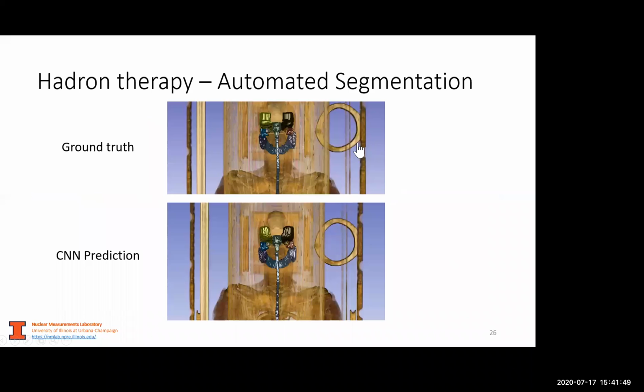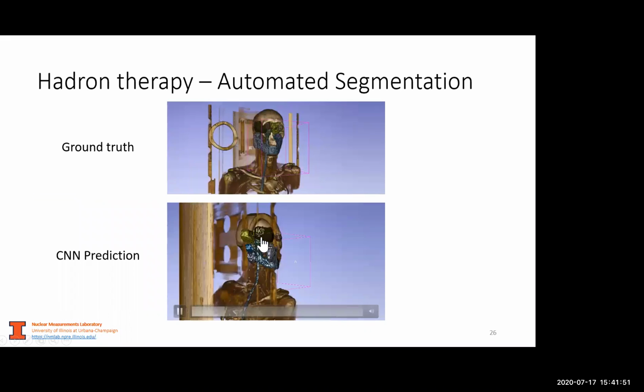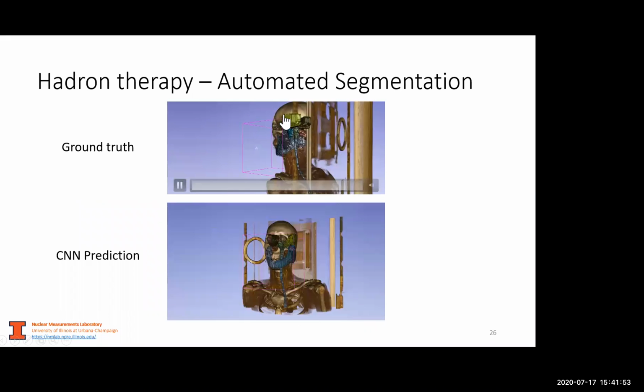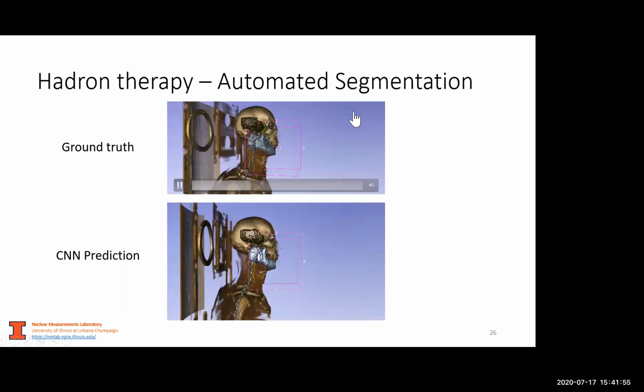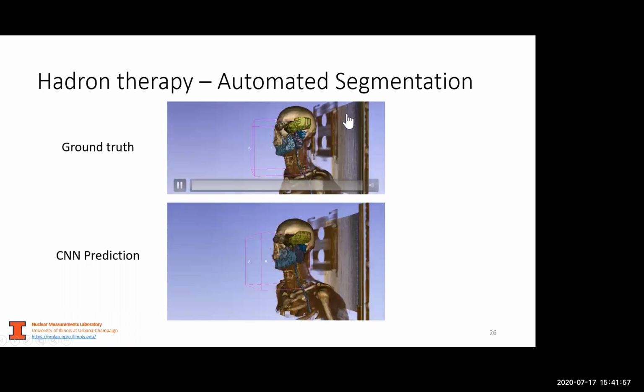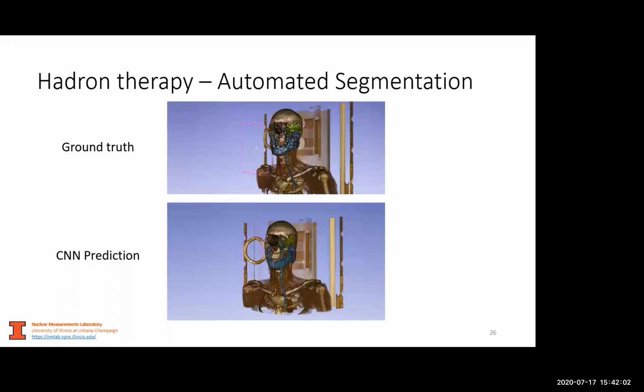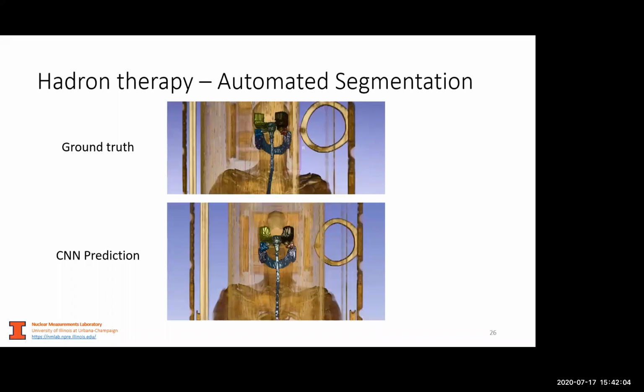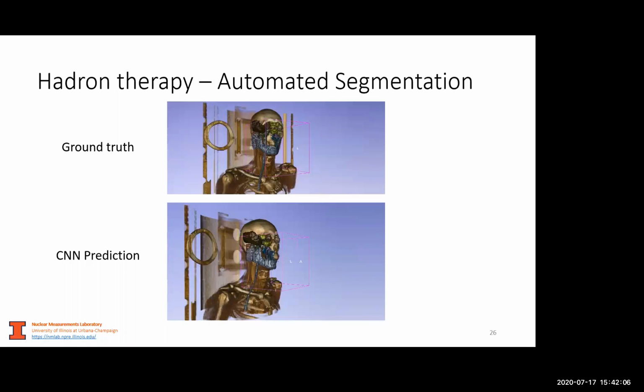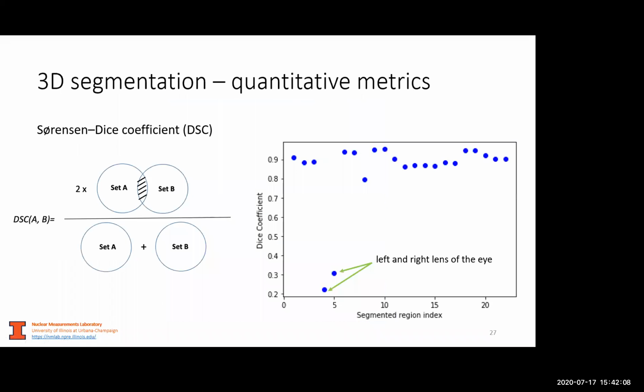And even if we look at the structure in 3D, we see how all the structures are well represented, and again, to a qualitative analysis, they seem more or less equivalent. However, we do need to find some quantitative parameters for the assessment of the method. And that's why we use the Sorensen-Dice coefficient. It's one of the metrics that we use.